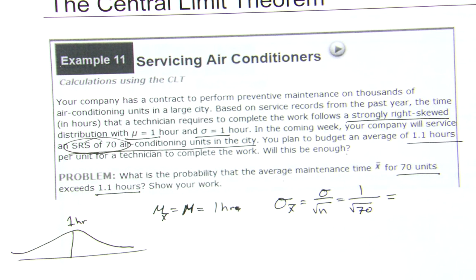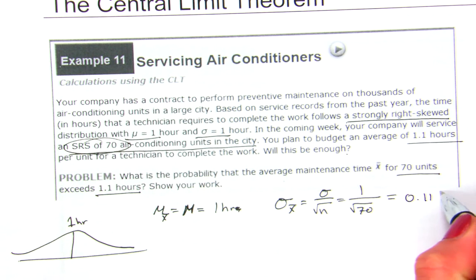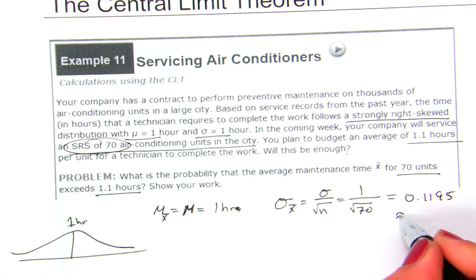So we have 1 hour over the square root of 70. What in the world is 1 over the square root of 70? Actually, I have to work this out. 1 divided by the square root of 70 is 0.1195. So I'm probably going to round this to 0.12.